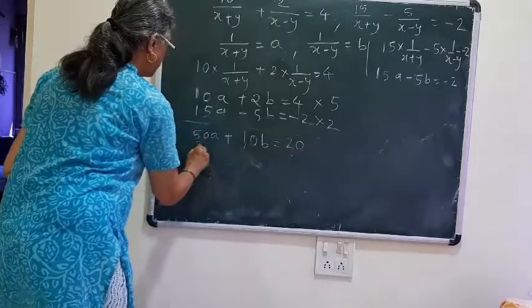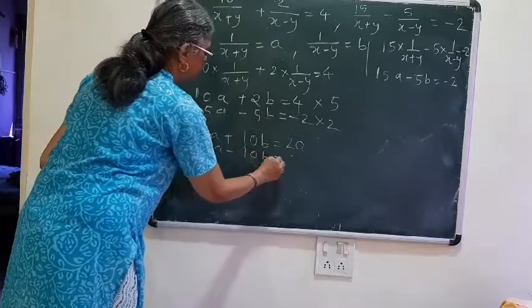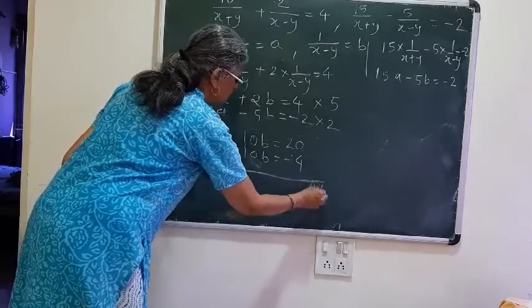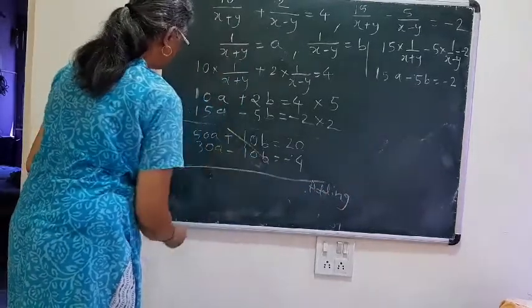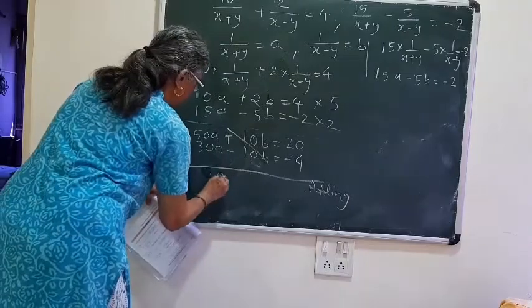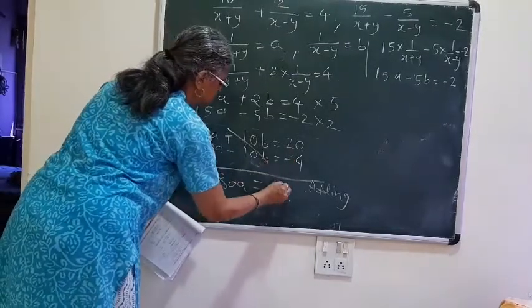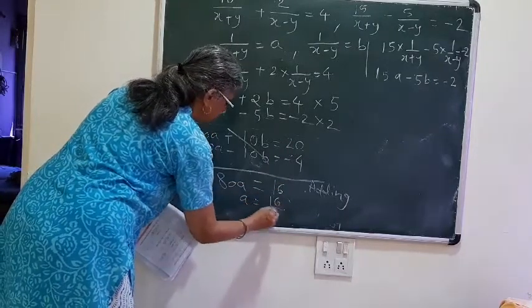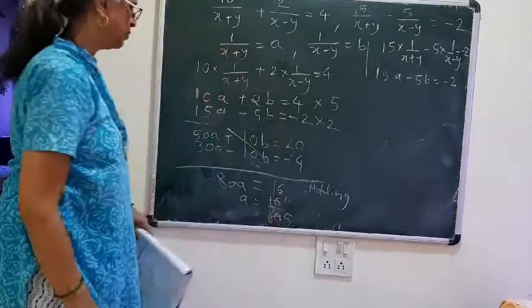Then 30a minus 10b equal to minus 4. Not necessary to change the sign, so we will add and cancel this. 50a plus 30a will be 80a is equal to 20 minus 4 will be 16. So a will be 16 upon 80, so that will be 1 upon 5.